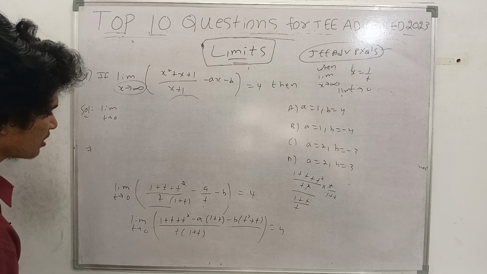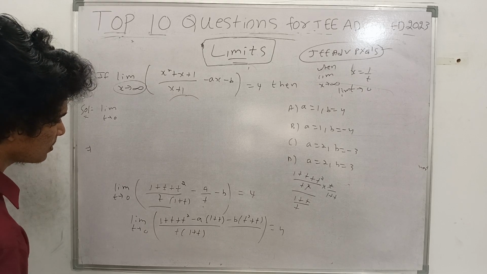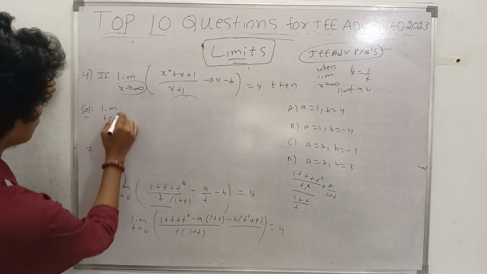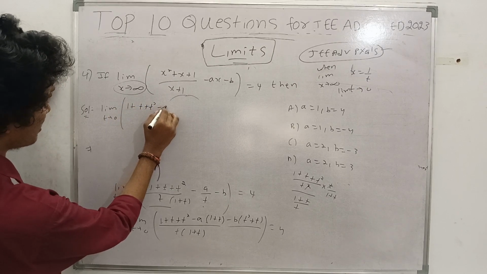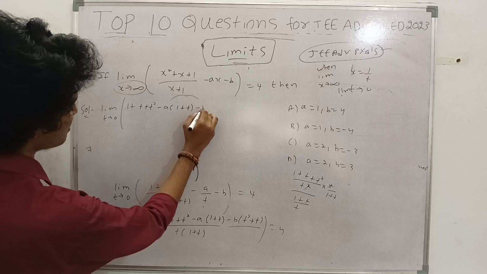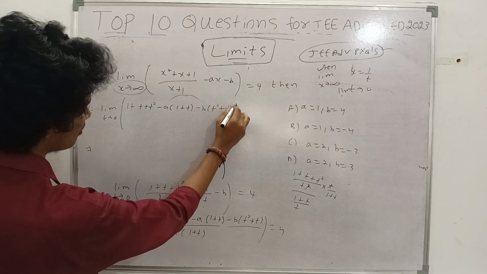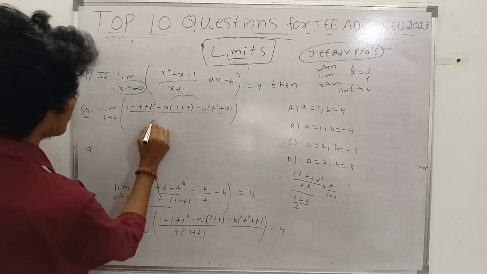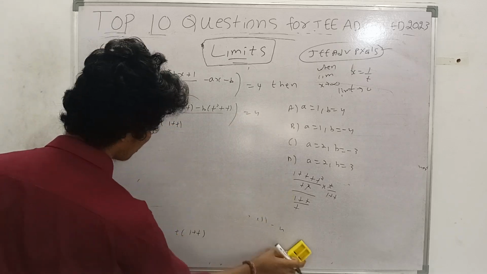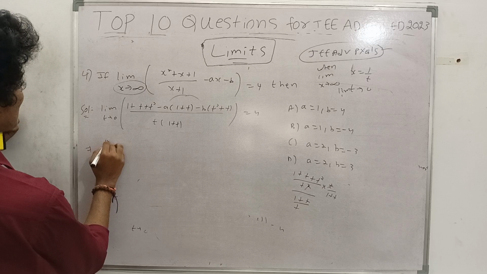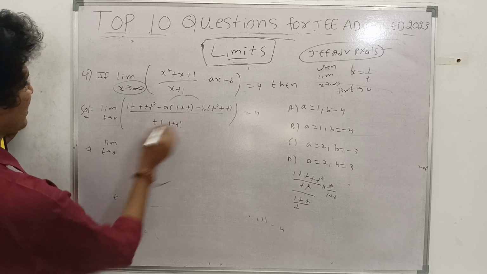Now if we observe carefully, from this what can we do? 1 plus t square minus a into 1 plus t minus b into t square plus t, divided by t into 1 plus t, is equal to 4. Now if you observe carefully, I can separate things out.